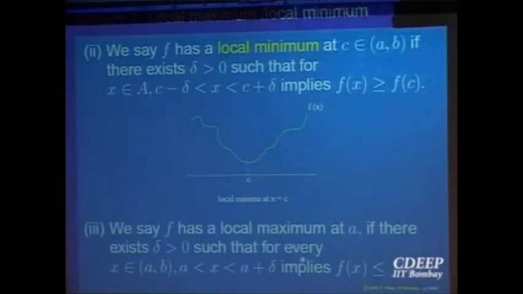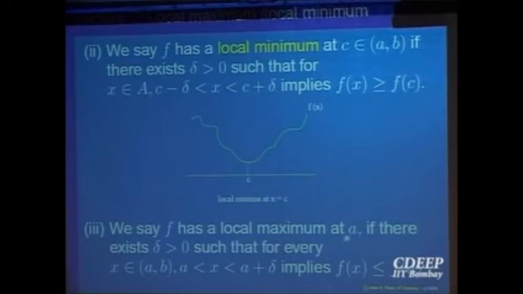Now at the endpoints, if c is an endpoint, left endpoint or right endpoint, then only one-sided neighborhoods are possible. You can only compare the value at the left endpoint a with the values on the right of a. So when you say there is a neighborhood, it will be only a one-sided neighborhood for the corresponding local maxima or local minima.